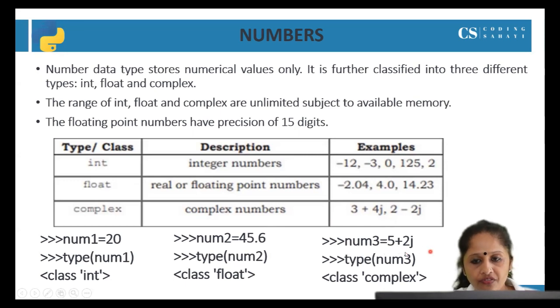So here 5 and 2j are independently floating point numbers, but together it is a complex data type. So when you check type of num3, it gives the class as complex. So this is the number category, and the data types under number are int, float and complex.